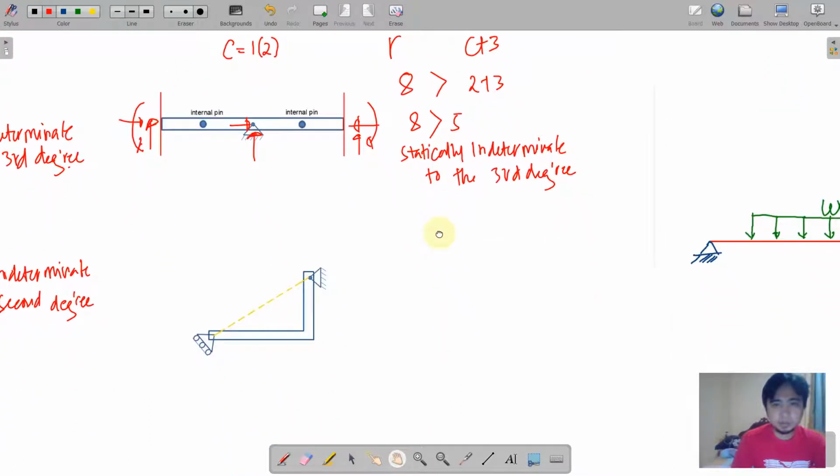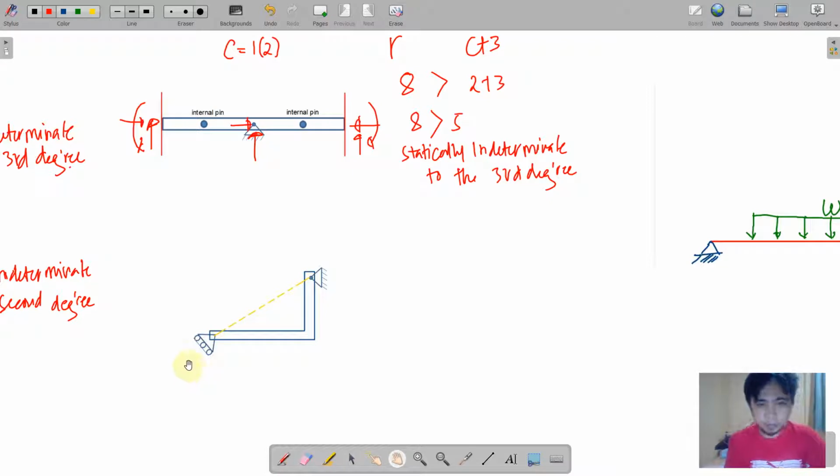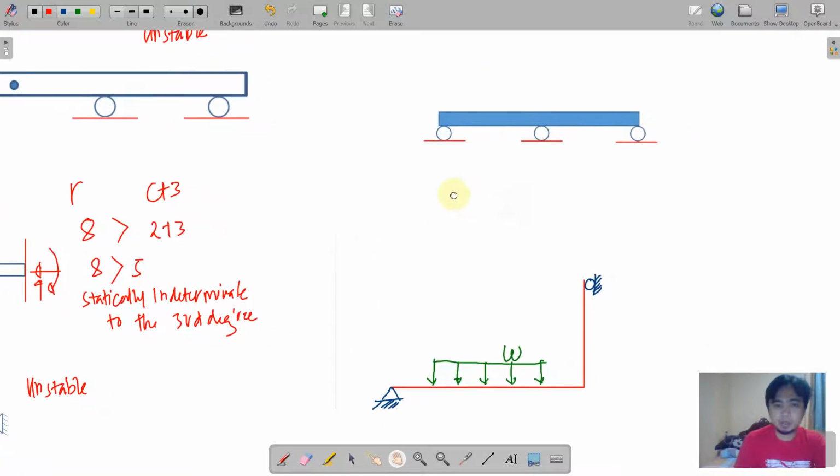Okay. So for the next problem, it is obvious that all of the reactions will be concurrent at a certain point. Say this is the point. So we do not need to count the reactions, we simply conclude that this is unstable, because a reaction set that is concurrent at a certain point will be unstable.